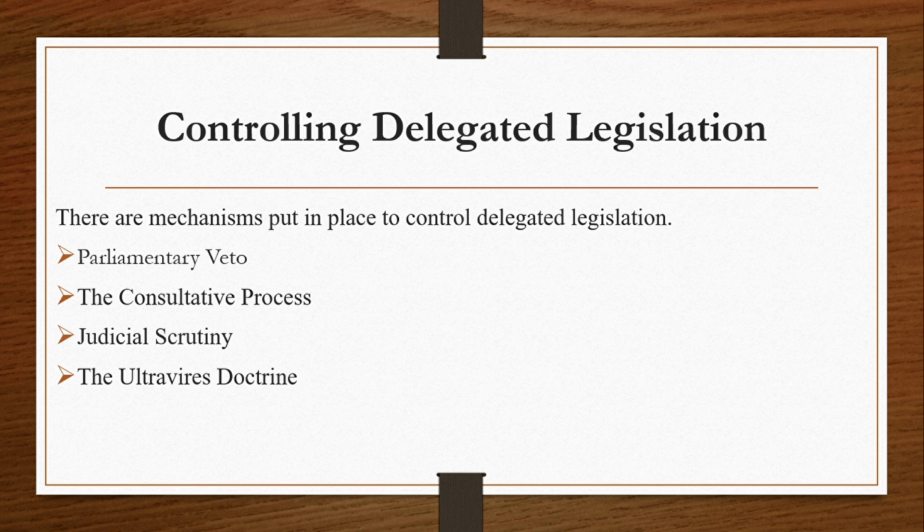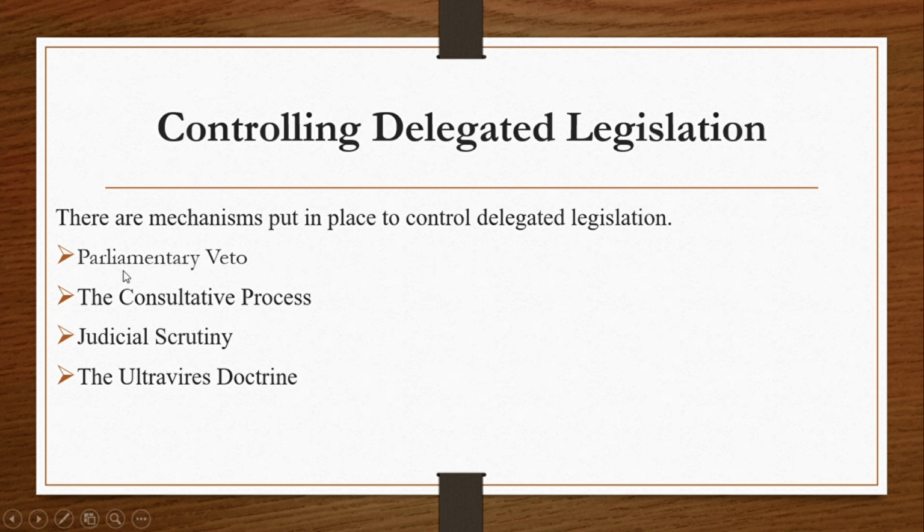How does the parliament control delegated legislation to make sure that these people that they have given the powers do not go overboard? So the mechanisms that are put in place to control delegated legislation, and we have 4 of them.